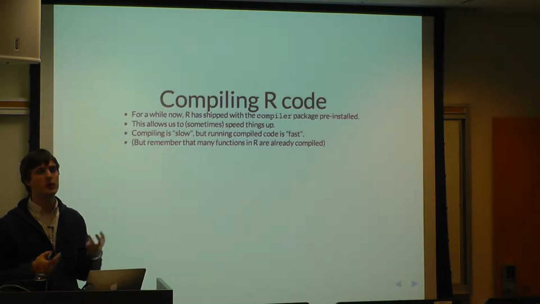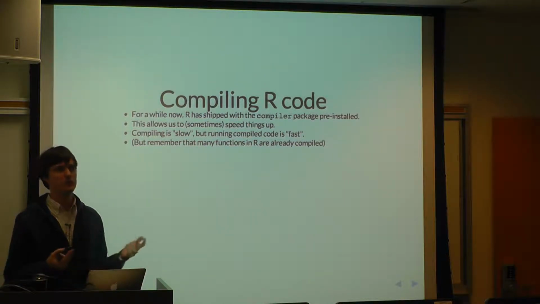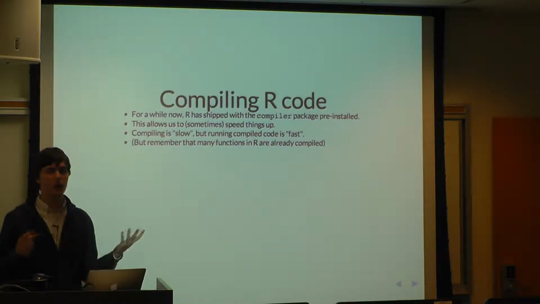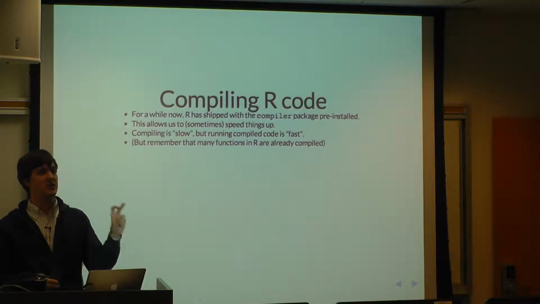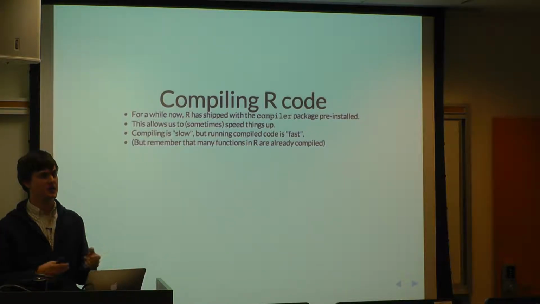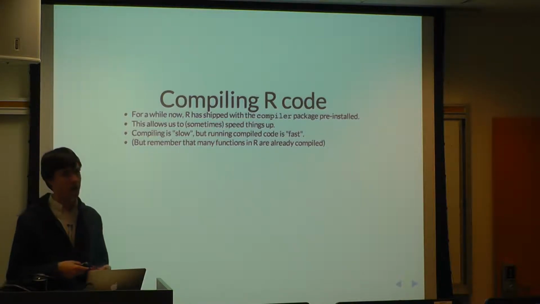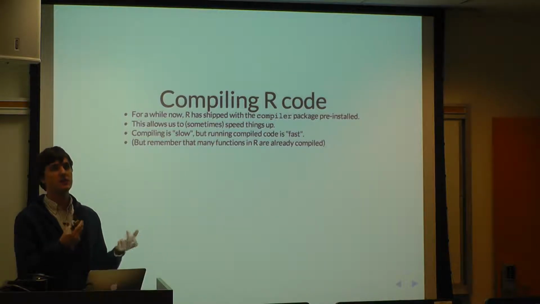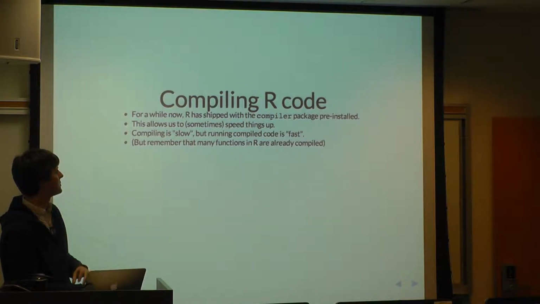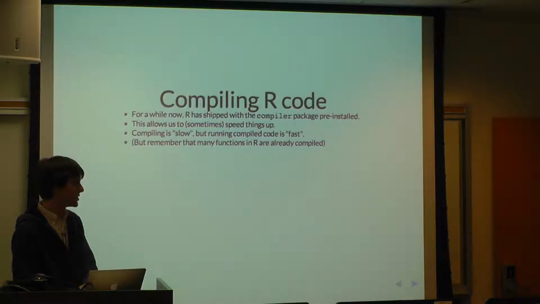If you put in mean or mean.default, for a lot of these basic functions, you'll see that it doesn't actually have the code for the function. It says something like .Primitive, or at the end it'll say bytecode and then give you a little number. This is because it's compiled.